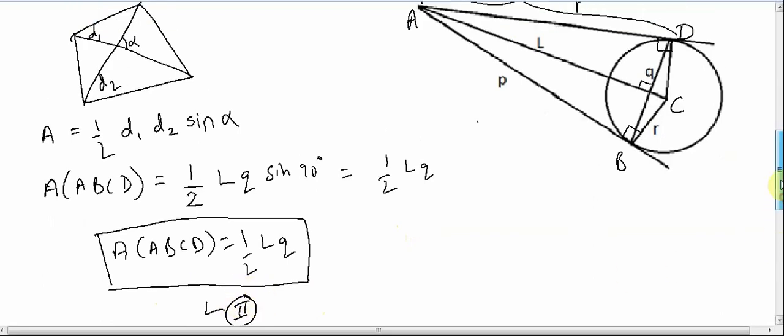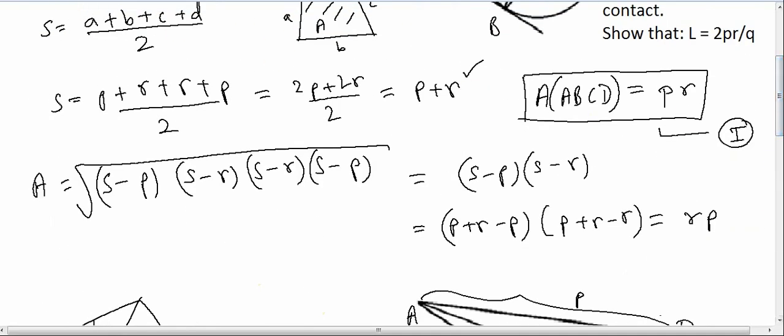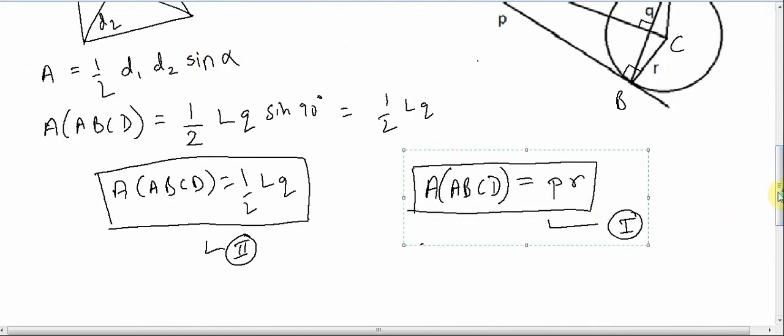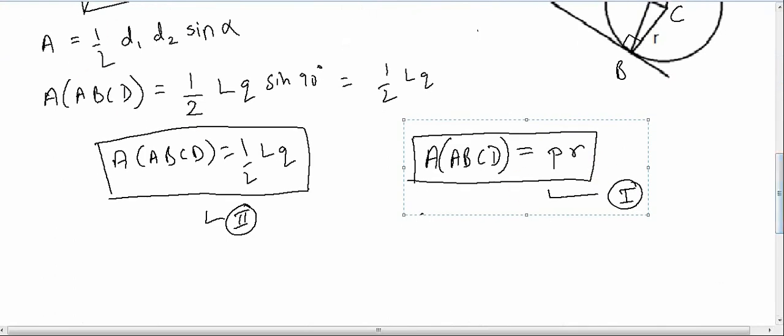Now we compare equation 1 and equation 2, and let us see what it gives us. So you see the area of the quadrilateral is half LQ, and the area of the same quadrilateral is also PR. So we can equate the RHS.